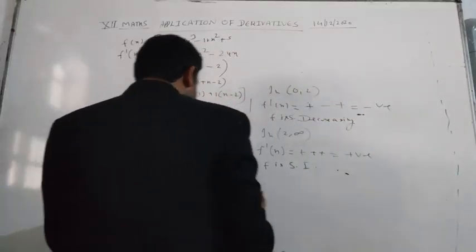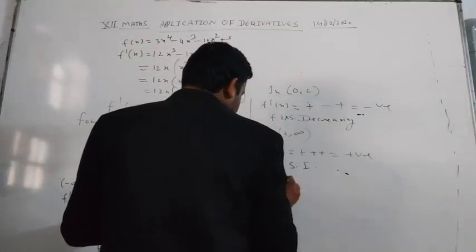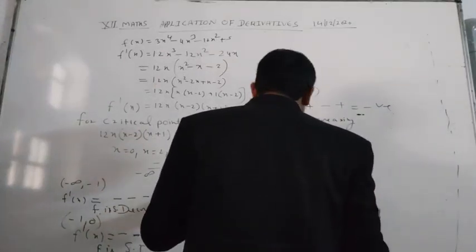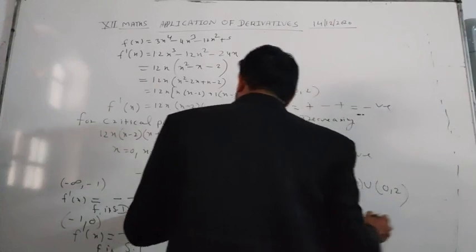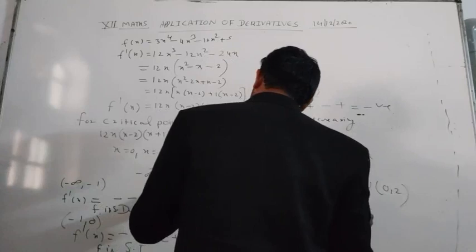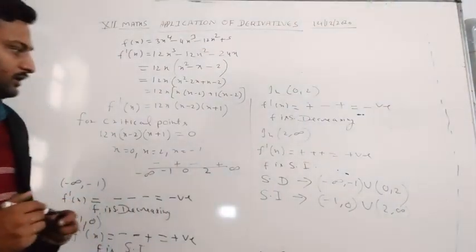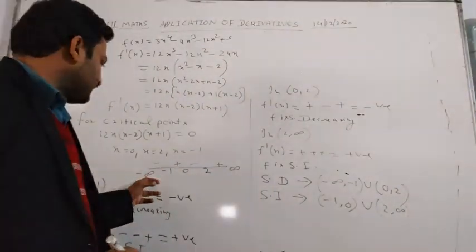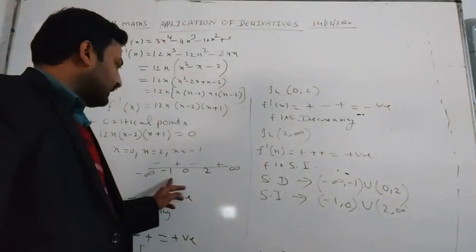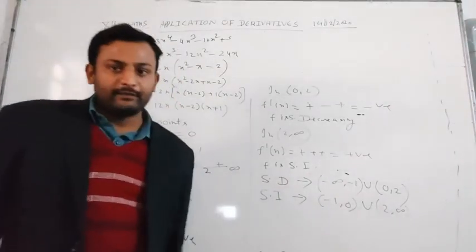So the function is strictly decreasing in the interval minus infinity to minus 1 union 0 to 2, and strictly increasing in the interval minus 1 to 0 union 2 to infinity.